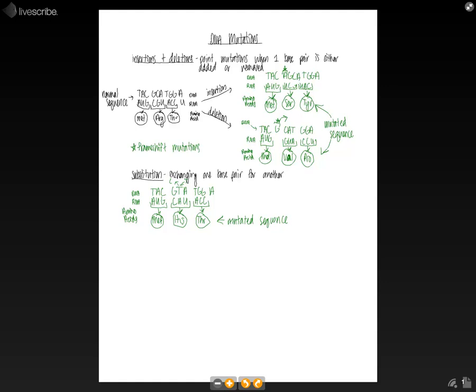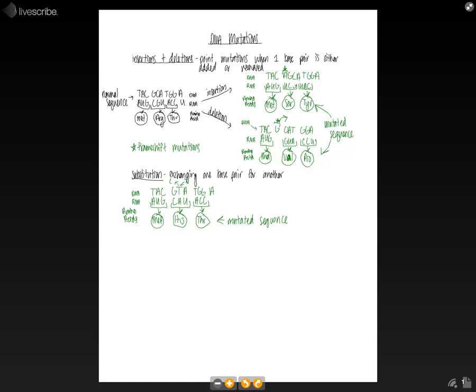And so this is how we can see the difference. The top ones, although we're only making a single change, it shifts the reading frame to the right one, which throws off every consecutive amino acid after the mutation.